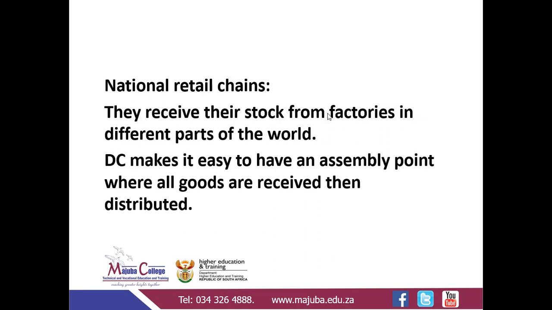Then we'll have our national chain stores. To make an example, we've got our Fashion Group and our Edcon Group. Those are retailers that are selling clothes to our customers. For a retailer selling clothes, the impact of having a distribution center is that they receive their products from factories across the world. If you have one place where you receive all the stock from all these factories, it becomes easier to distribute these products to different stores.